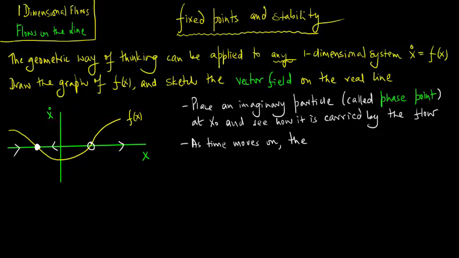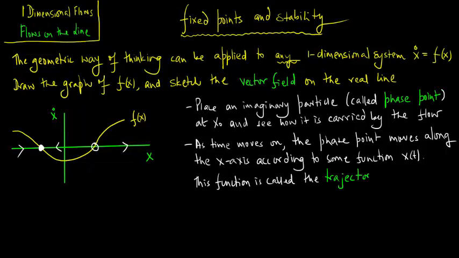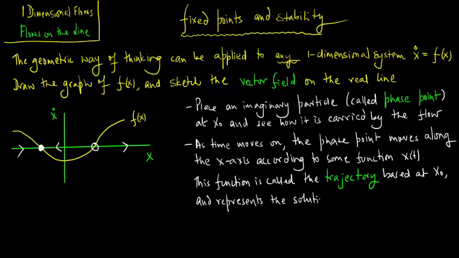Now as time moves on, the phase point moves along the x-axis according to some function x of t. This function is called the trajectory based at x naught and represents the solution of the ordinary differential equation starting from the initial condition x naught.